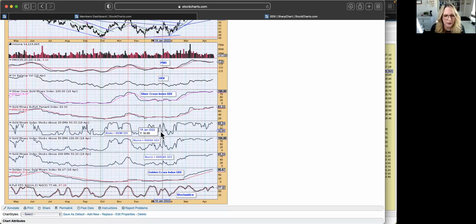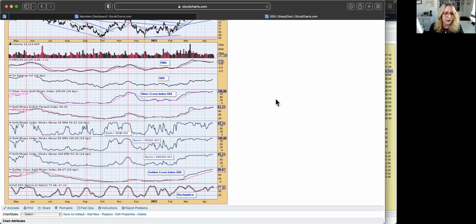First, I'm going to talk about the percent of stocks above their 20, 50, and 200-day EMAs. 100% have their price above the 50-day EMA. 93% have price above their 20. So we know they both have price above their 20 and 50, but that's where the silver cross comes in. The silver cross measures how many stocks have a 20 above the 50.